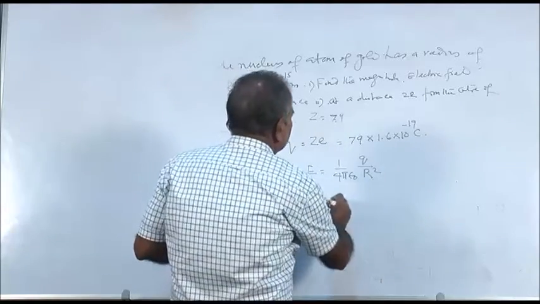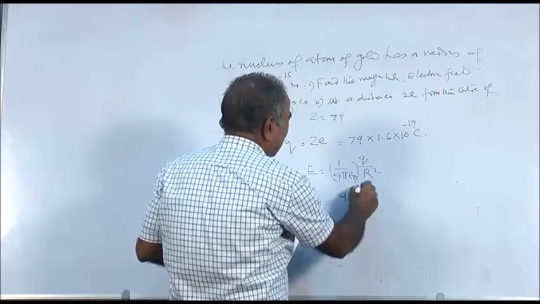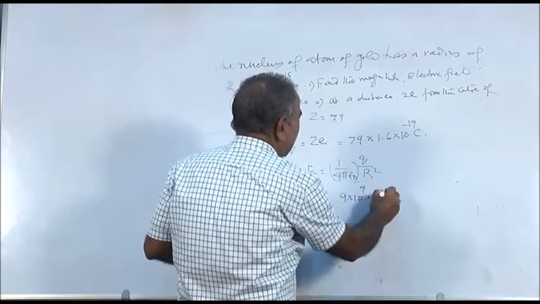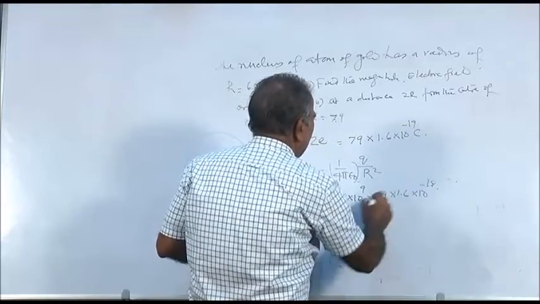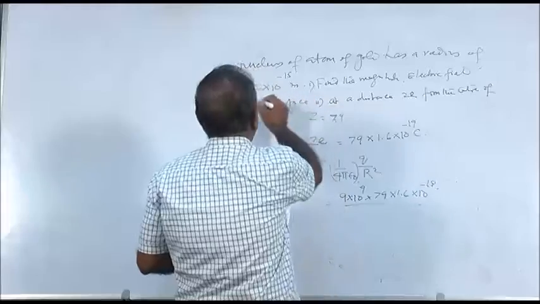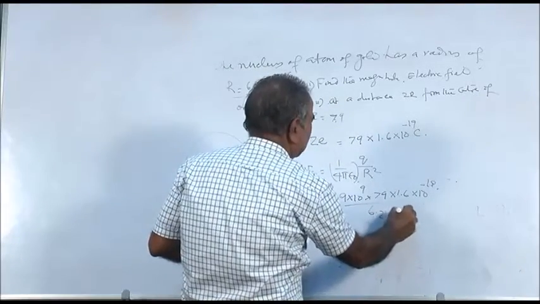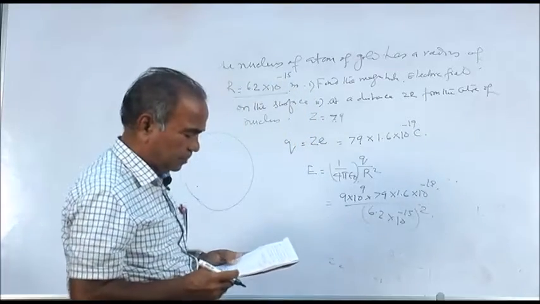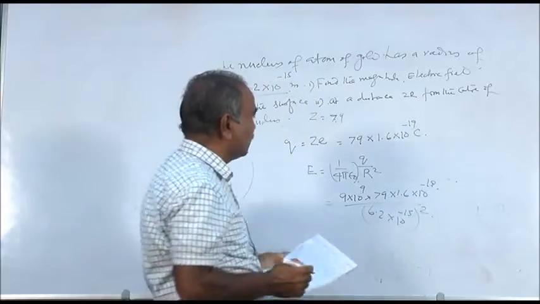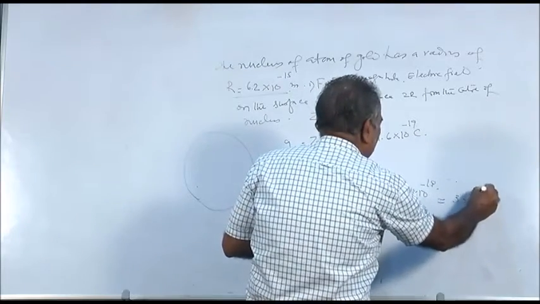So, E is equal to 1 by 4 pi epsilon 0, which is 9 into 10 to the 9, times Q, which is 79 into 1.6 into 10 to the minus 19, divided by radius square, 6.2 into 10 to the power minus 15 square. So, if you calculate, it is nearly equal to 3 into 10 to the power 21.